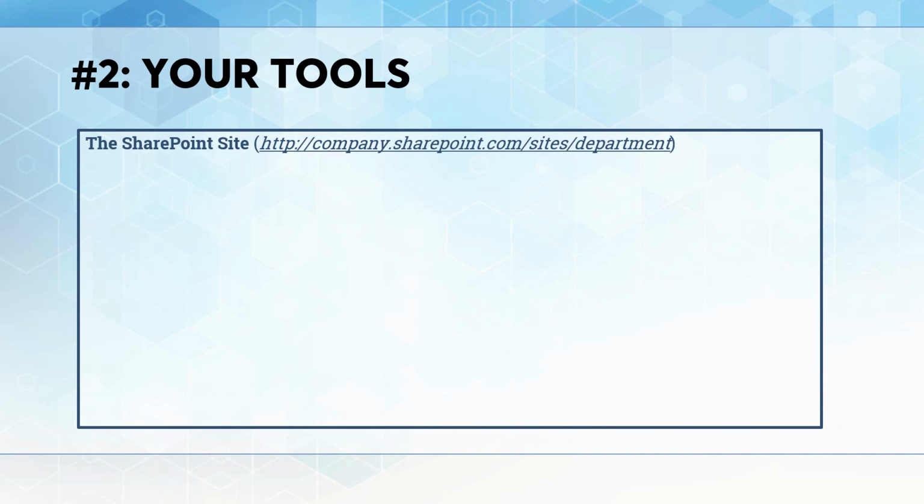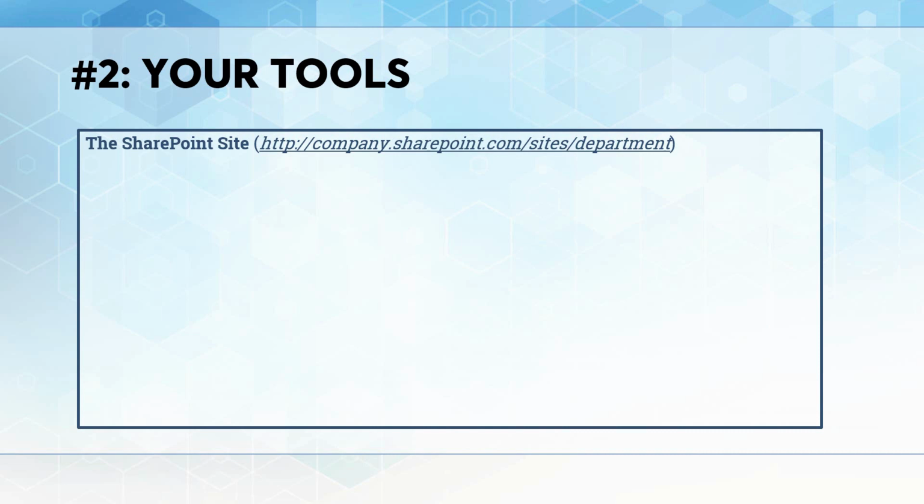So a common example of the address of that would be like the company name.sharepoint.com/site/ whatever the name of your department is, or whatever the name of your team is, things like that. That would be a very common address where you'd find your SharePoint site. So when people go to your SharePoint site, think of that as being sort of the home page.